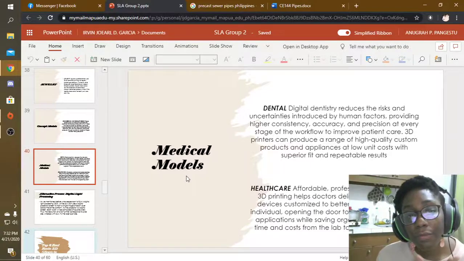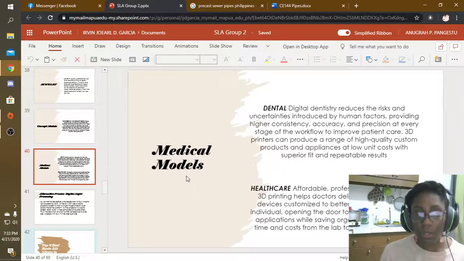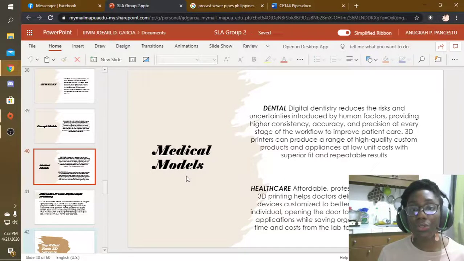So first I'm going to go with dental. Now digital dentistry reduces the risk of uncertainties introduced by human factors. See that?